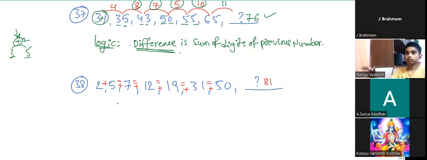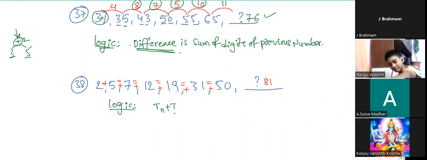81. So every third number is the sum of the previous two numbers. How can we write the logic here? The logic: Tn plus Tn+1 equals Tn+2.